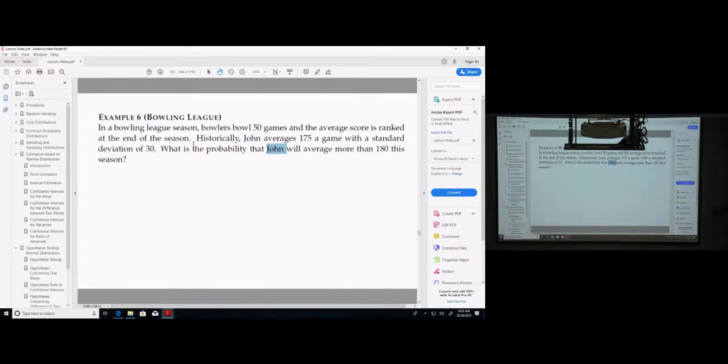So we are predicting how John will fare this season by looking at how he did in the previous season. All right. Now, of course, in a lot of situations when things don't change very fast, this historical data might be a good guide for your predictions. But if things do change quite drastically, then it may not.